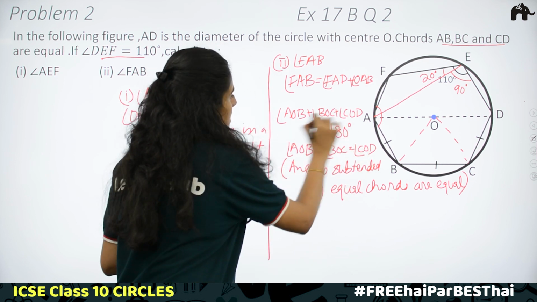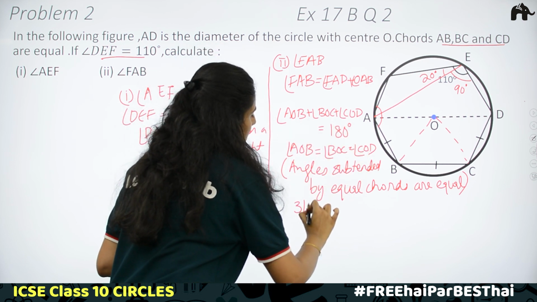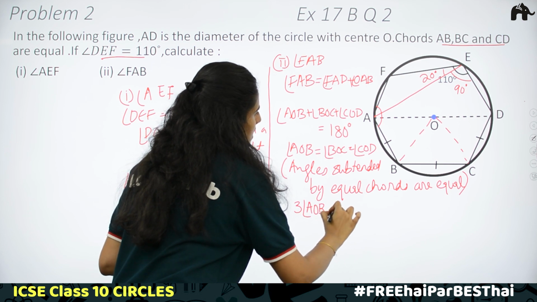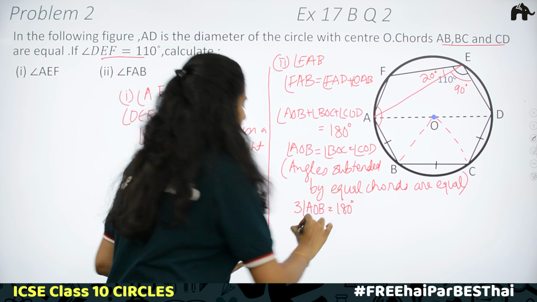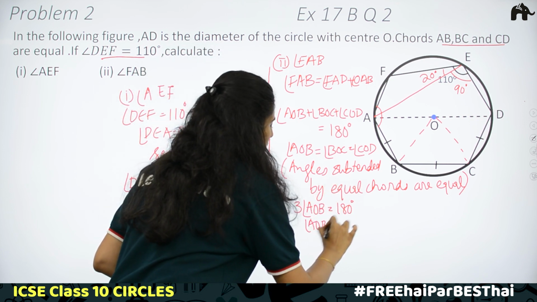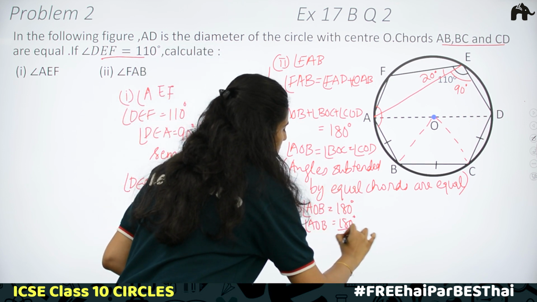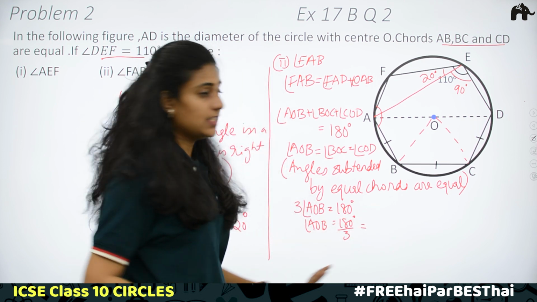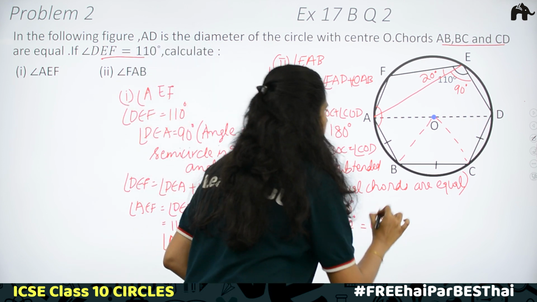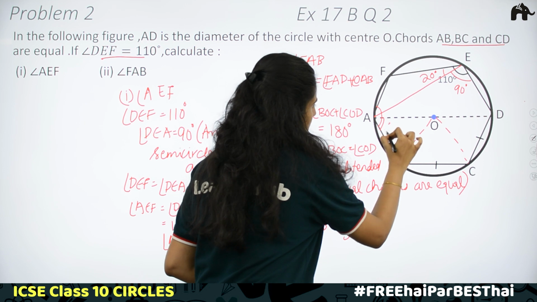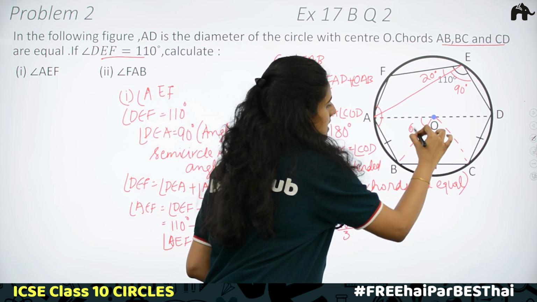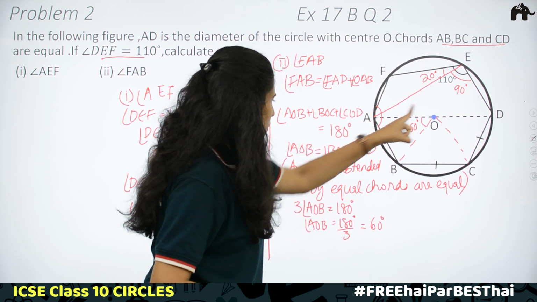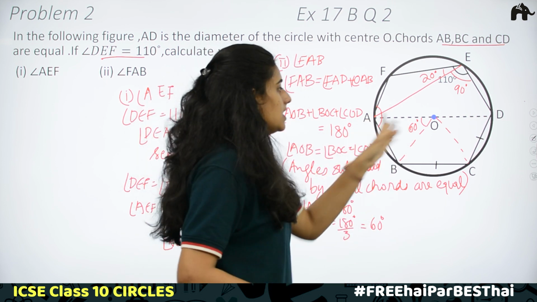We can write this as 3 times angle AOB is equal to 180 degrees. Then AOB will be equal to 180 degrees divided by 3, and 180 by 3 is 60 degrees. So, we got this portion equal to 60 degrees. AOB is equal to 60 degrees.